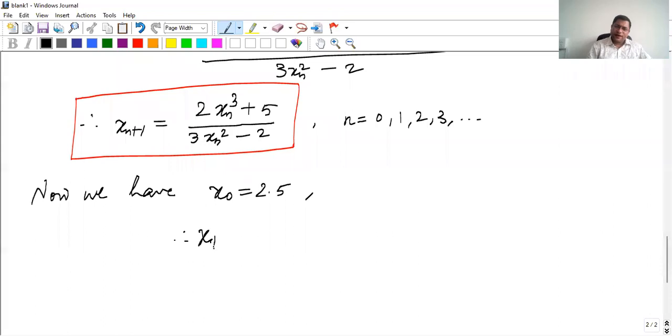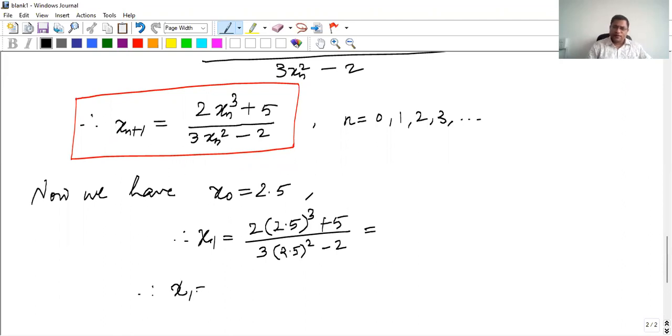So we get x1 is equal to 2 into (2.5) cube plus 5 by 3 into (2.5) square minus 2. This is the first approximation. Now tell me, what is the first approximation? Can you tell me the first approximation?